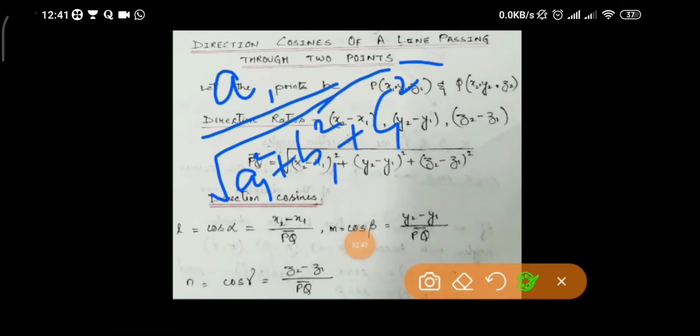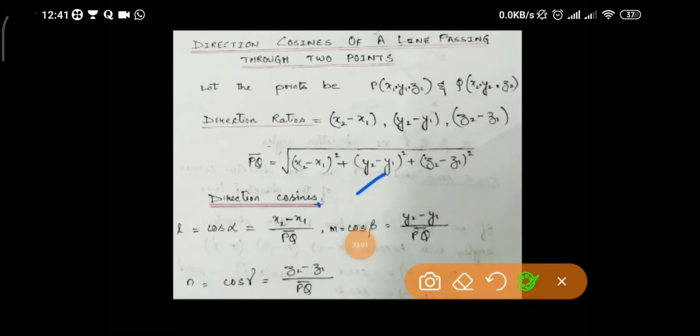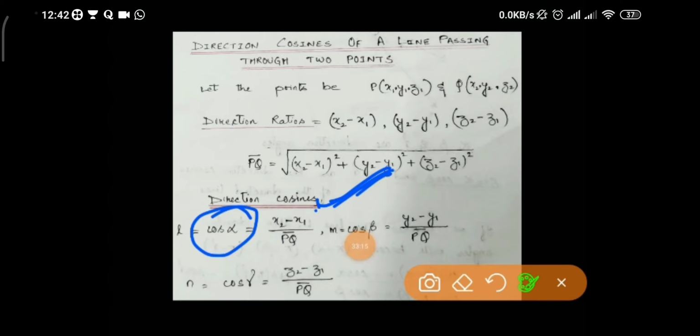What was this quantity? This was the magnitude of the vector. Similarly here we will divide by the length. So you can see the direction cosines now. Cos alpha can be written as the direction ratio divided by the magnitude.